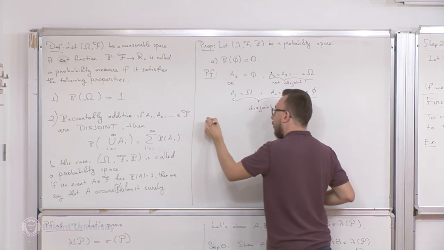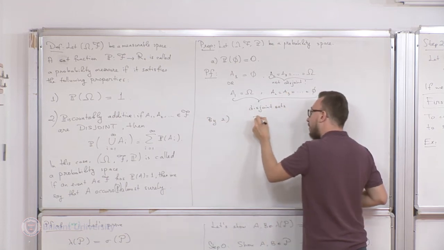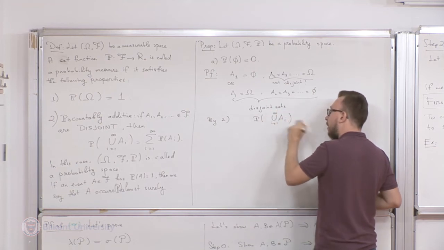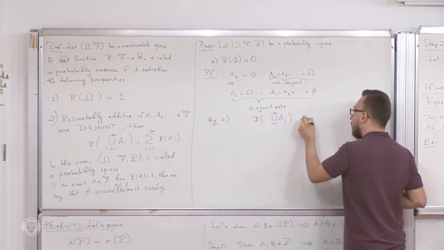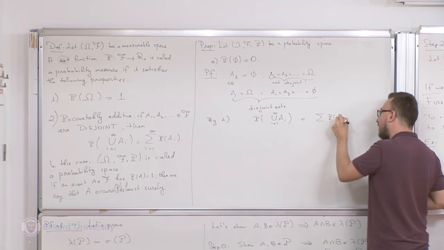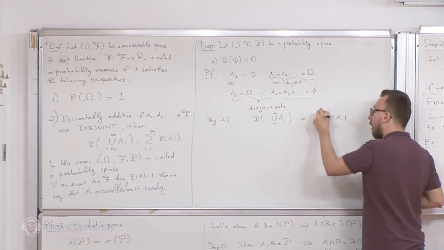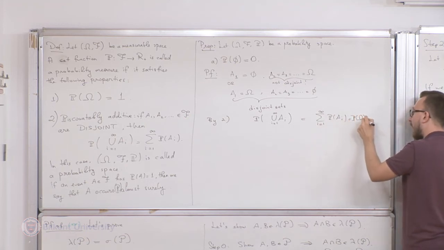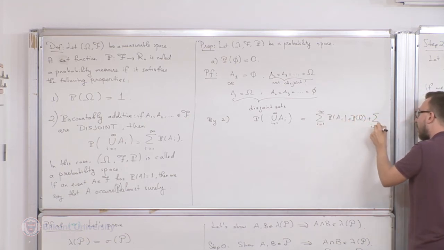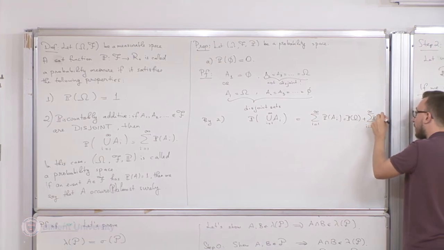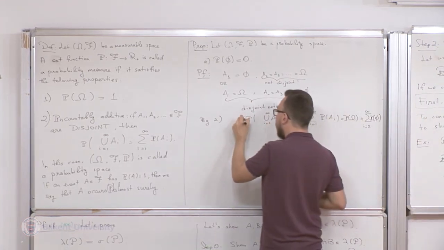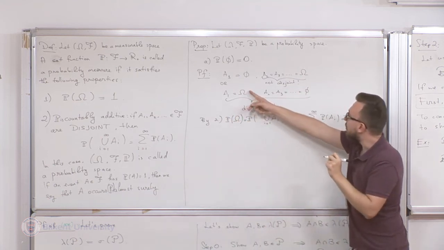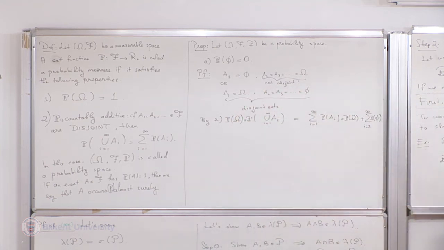So by 2, we have the probability of the union of A_i is the sum of the probabilities of A_i. But the first one is the probability of omega, and then we have from i=2 to infinity the probability of the empty set. On the other hand, the union of those is just the full set. The union of the full set and a bunch of empty sets is the full set.